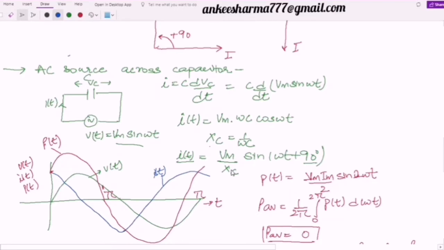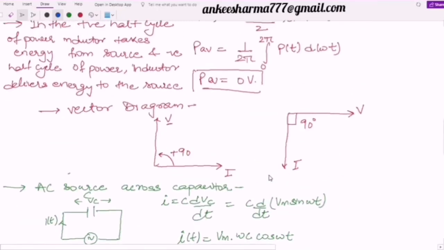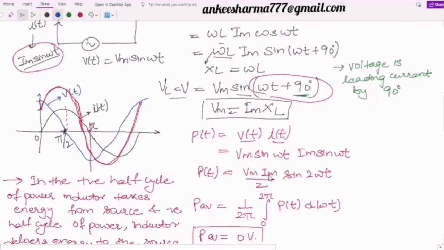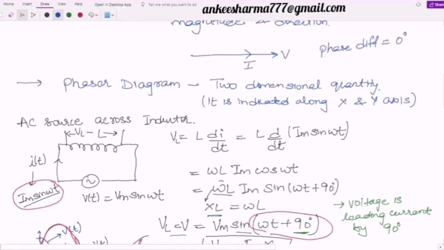Over here you can see this impedance XC, and in the case of the inductor this impedance XL. These are the two impedances, and sometimes we have the resistance also.